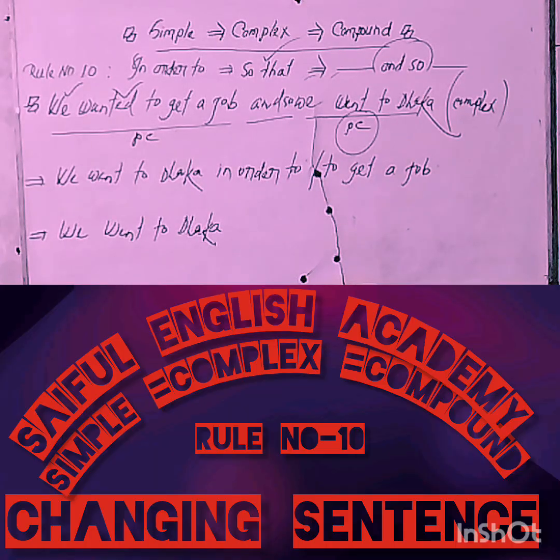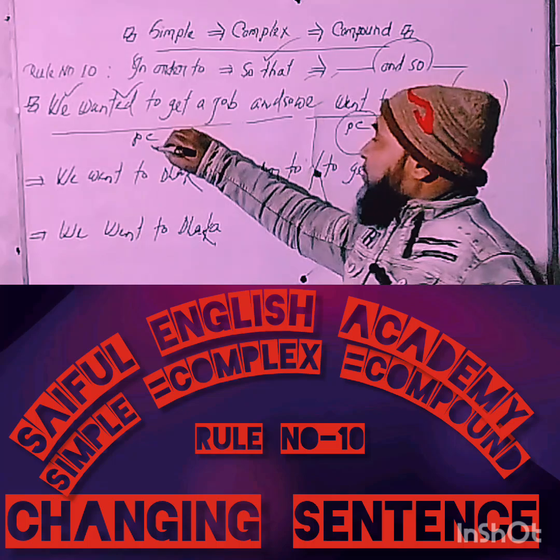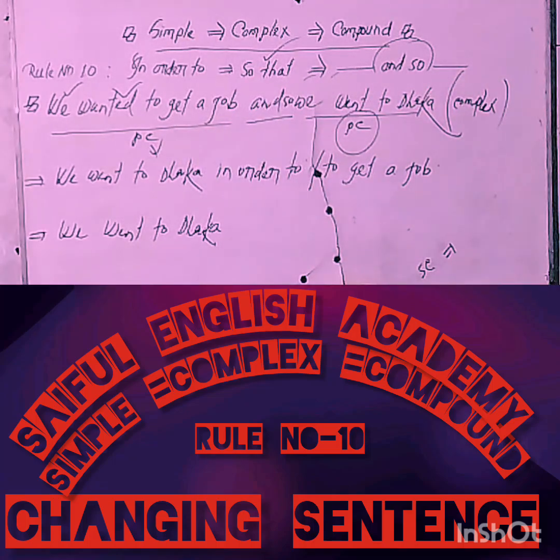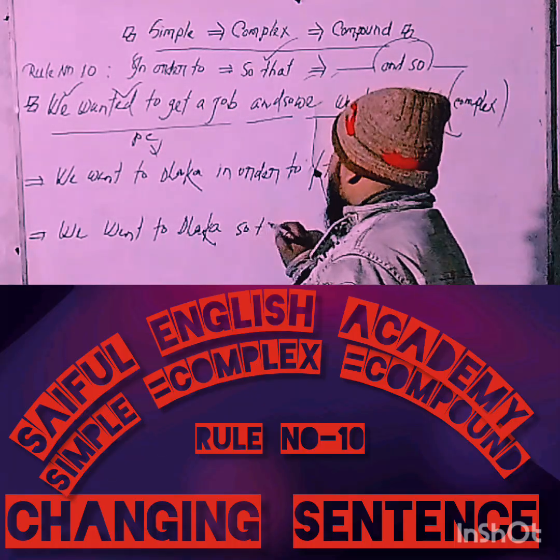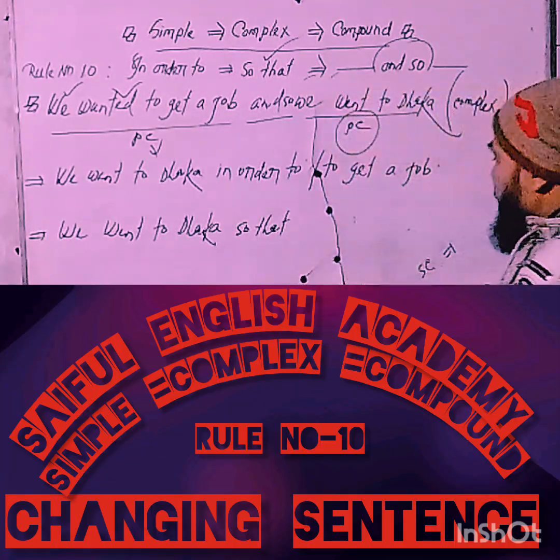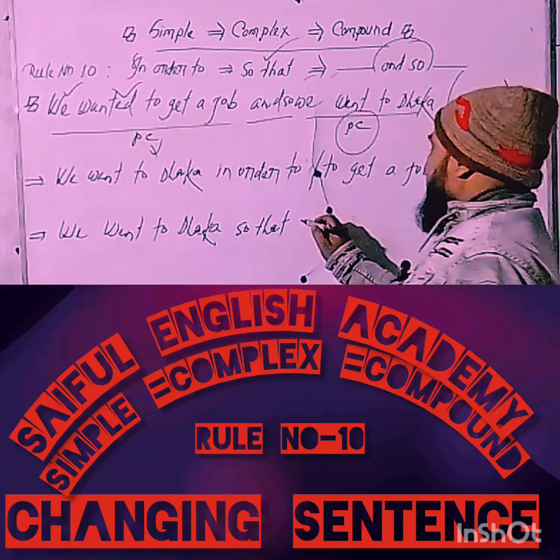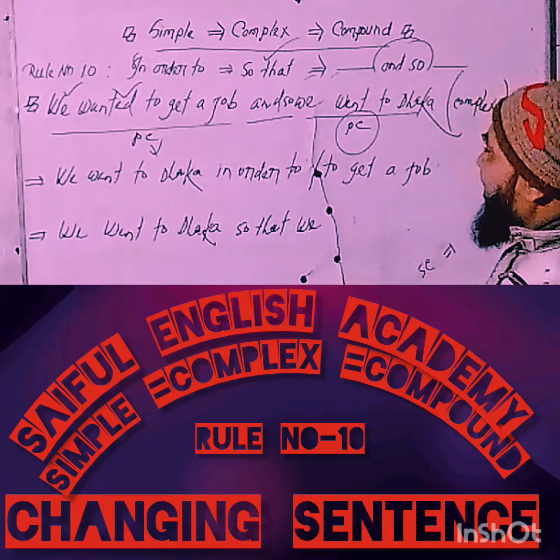Okay, my learners, now you'll have to form a subordinate clause from the first principal clause. To form a subordinate clause from the first principal clause, you'll have to write "so that" at first, then the first principal clause.